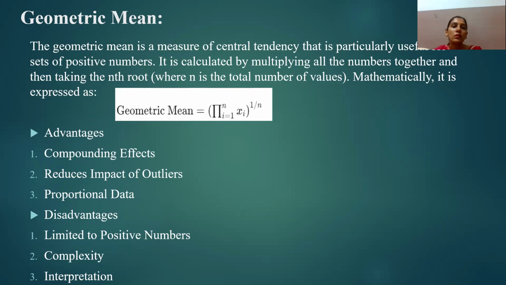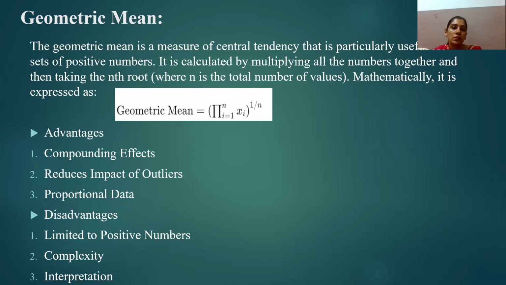Now, how does the geometric mean help in calculating index numbers? The geometric mean is very useful in constructing index numbers such as the consumer price index or stock market index.